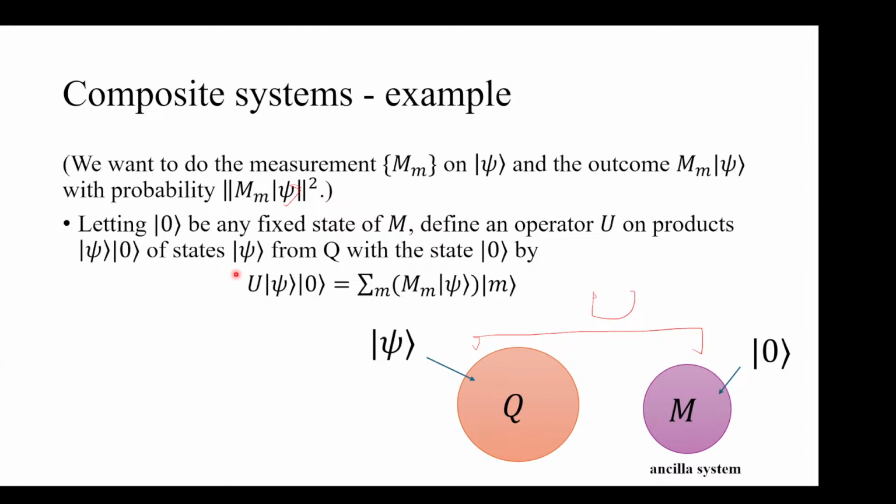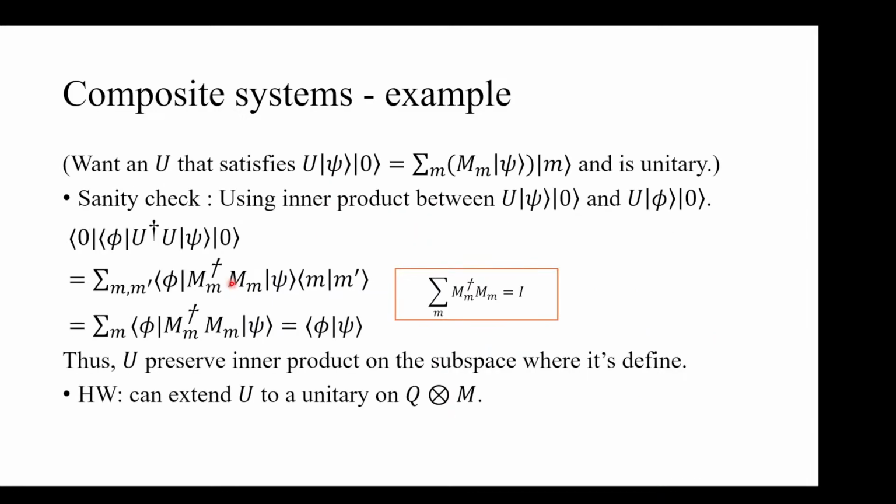But before we do that, we want to argue that this U exists. We hope this U exists, and we want it to do this thing, but first we need to check that we actually have such a U. So this weird equation here, maybe let's highlight it.